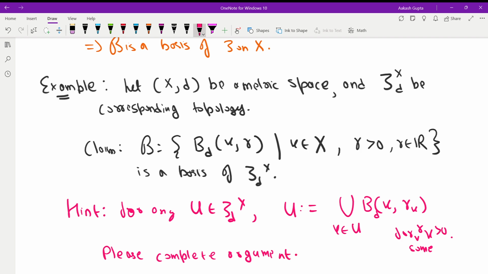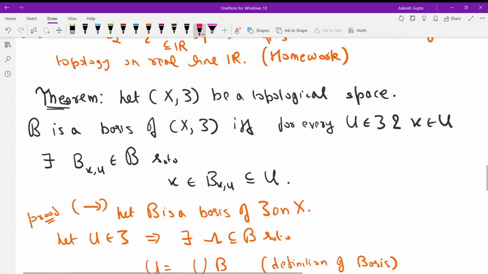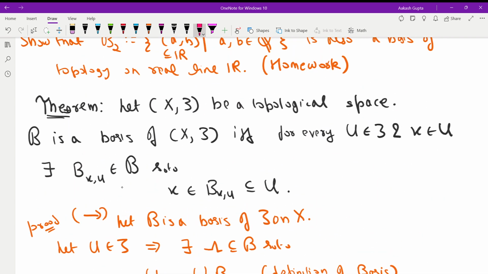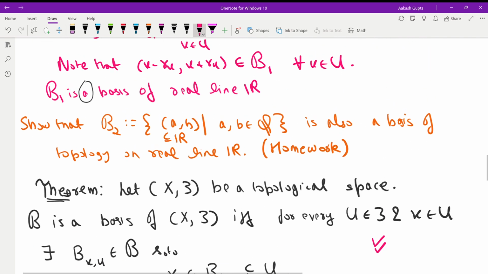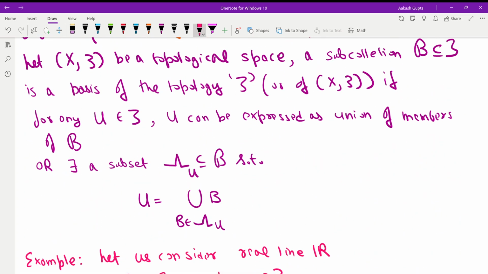Now, see what you can do. Maybe you can use this theorem. This theorem. Or you can just directly apply the definition, because the characterization is very close to the definition. So it doesn't matter, whatever you want to do, you can do.